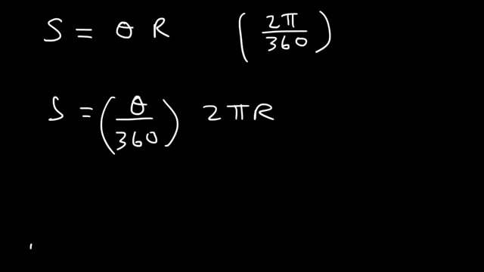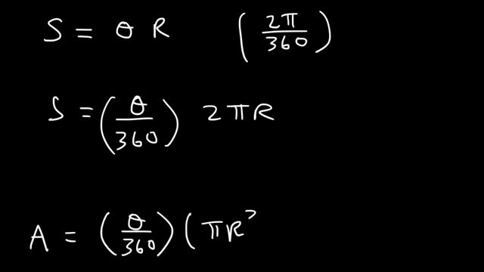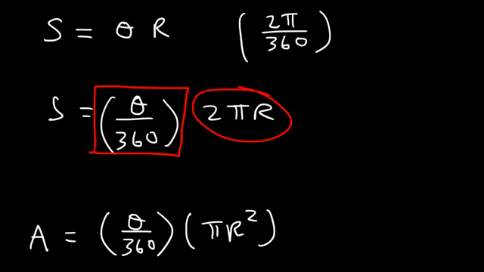So notice how this equation is similar to this one. The area of a sector of a circle is theta over 360, that's the fractional part, times the area of the entire circle, pi r squared. The arc length is the fractional part of the circle, which is theta over 360, times the circumference, 2 pi r. And you can get it by multiplying the original equation by 2 pi over 360.